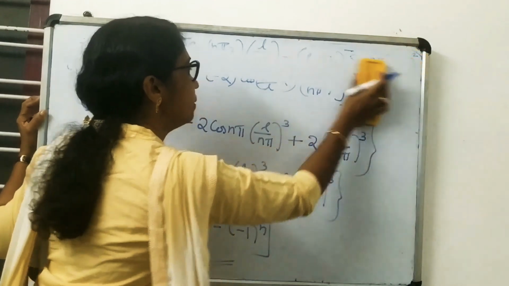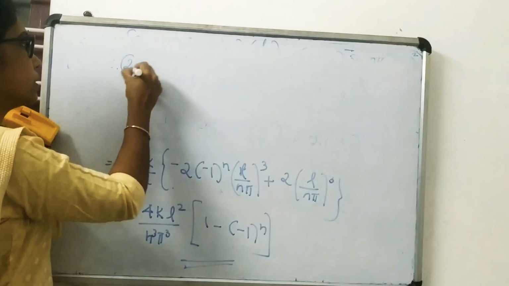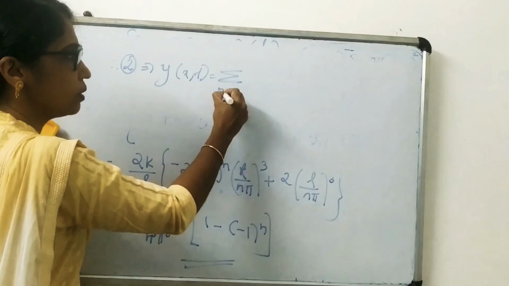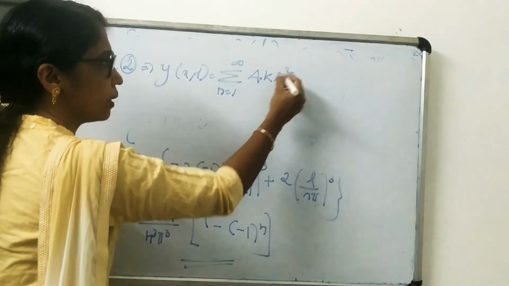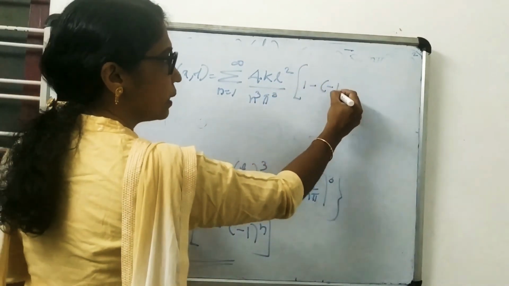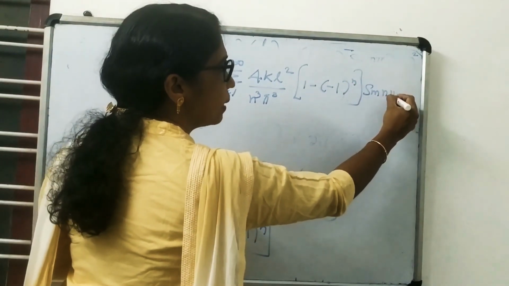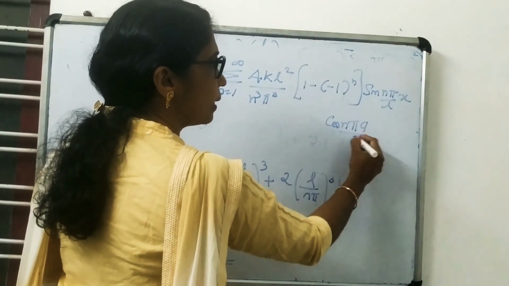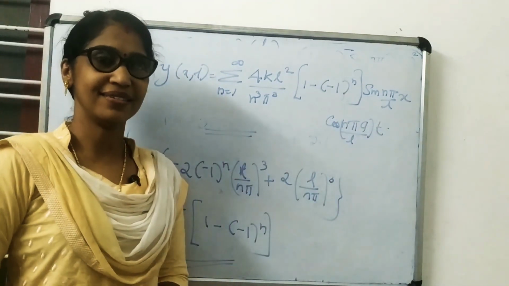Therefore equation 2 becomes y of x,t is equal to sigma n equal to 1 to infinity, 4k L square by n cube pi cube into 1 minus minus 1 raised to n into sin n pi by L x into cos n pi a by L t. So this is the final answer. Okay.